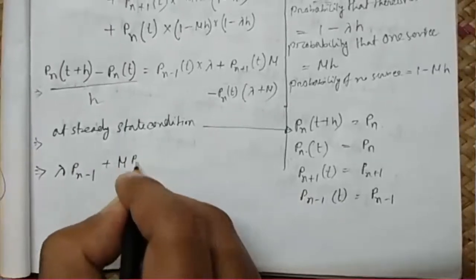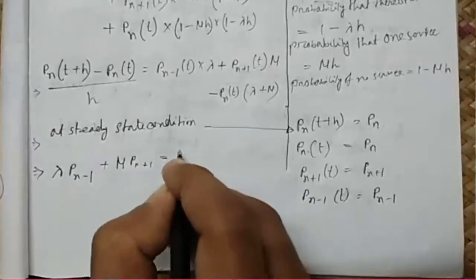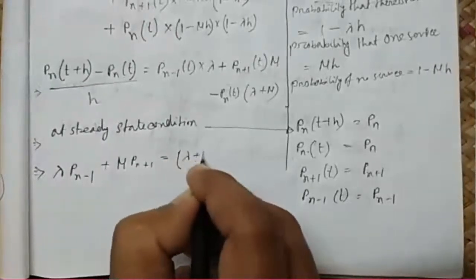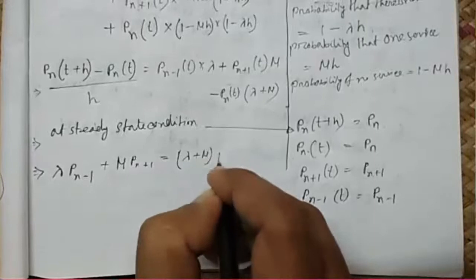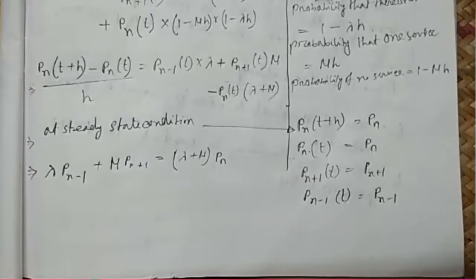So we get an equation where lambda into Pn minus 1 plus mu into Pn plus 1 is equal to lambda plus mu in bracket into Pn.